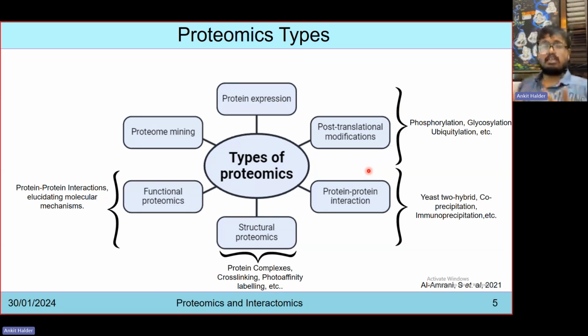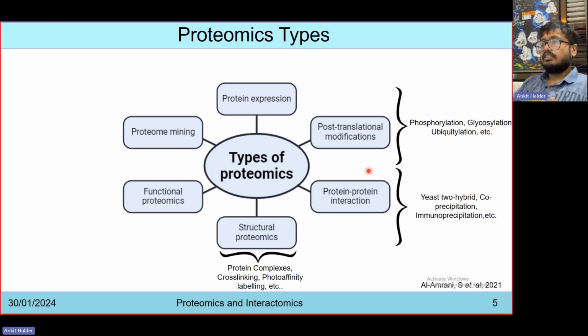One indirect way is through protein-protein interactions, through which we can understand which family the protein is part of, and how the protein-protein interactions can take place. Second is elucidating the molecular mechanisms, in which pathway it is playing a role, or how it is working. This comes under functional proteomics.